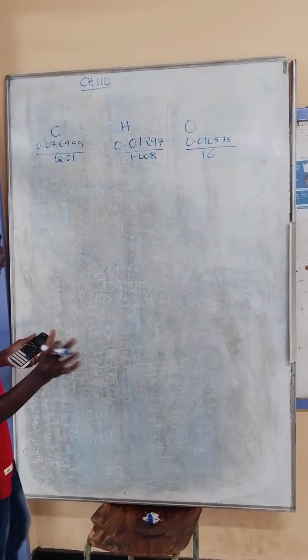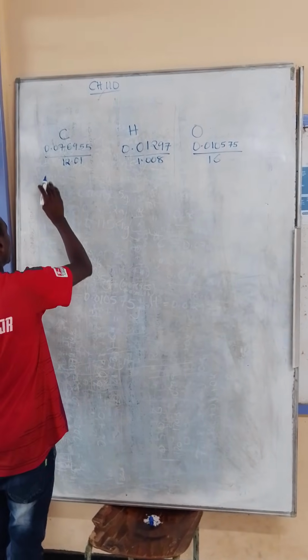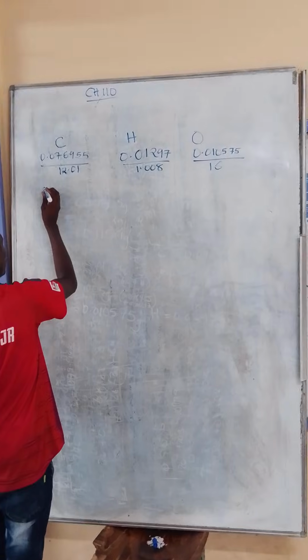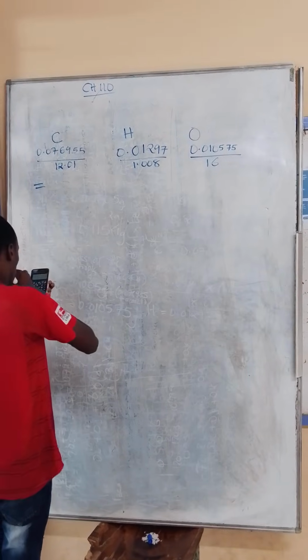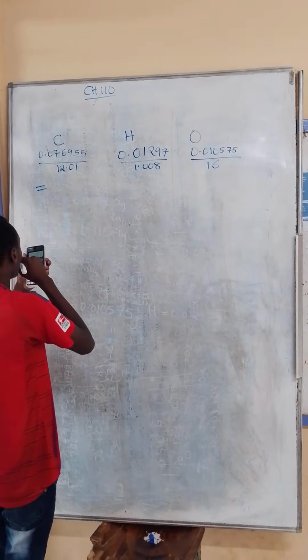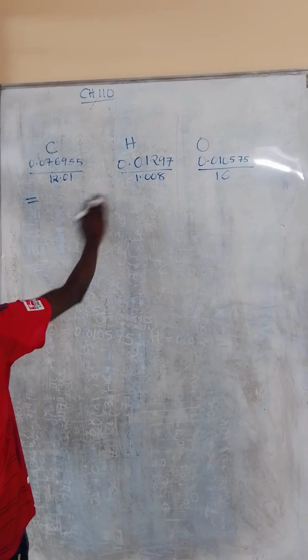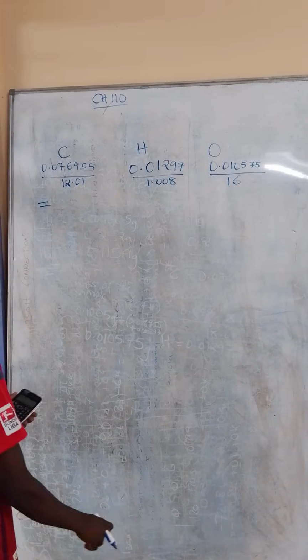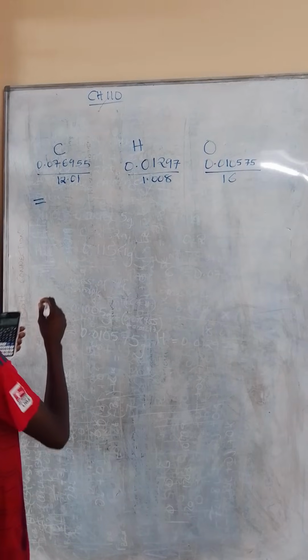So now I'll proceed. When we divide this, it will give you something like 0.006407, then 0.01287, and 0.006098 for the others.